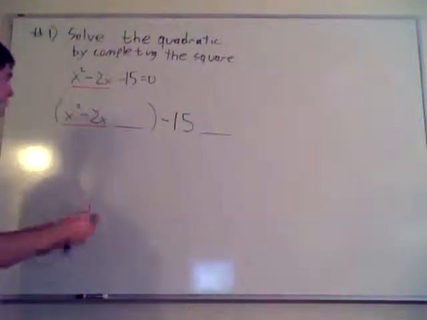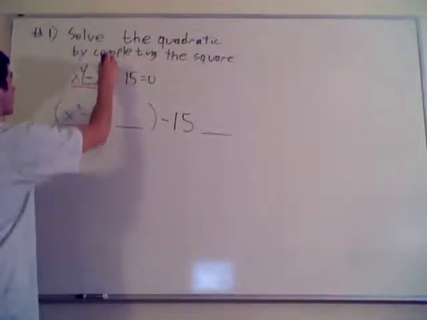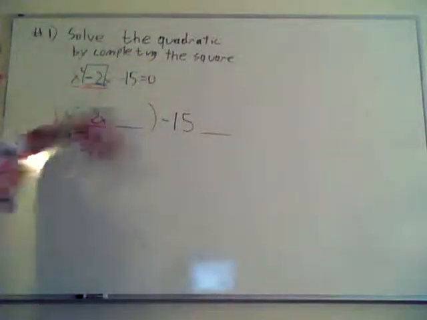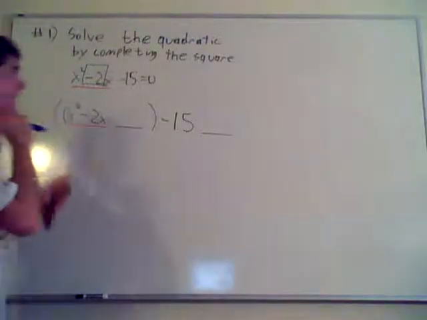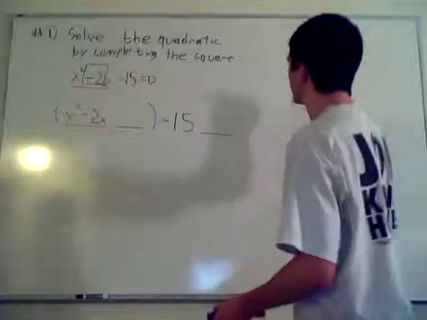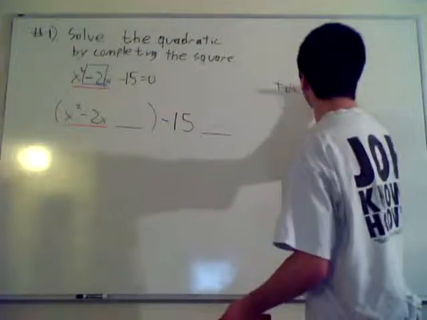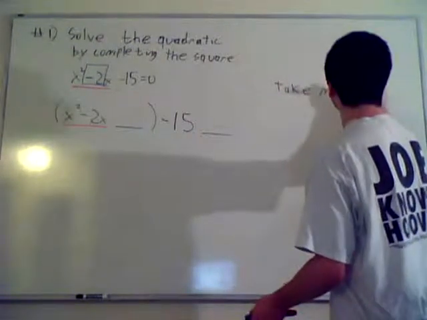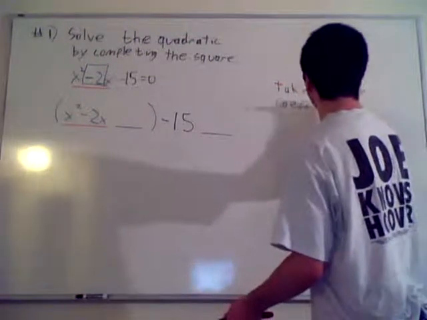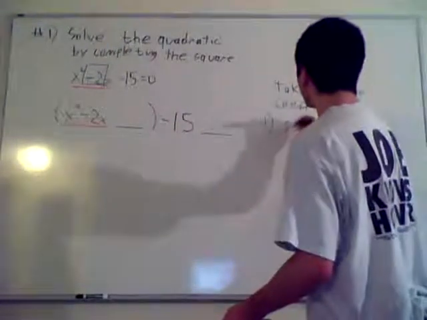You have to take the middle term, -2. That's the coefficient of the second term, so the x term. You take that, and here's what you do. You take the middle coefficient, and you square it.